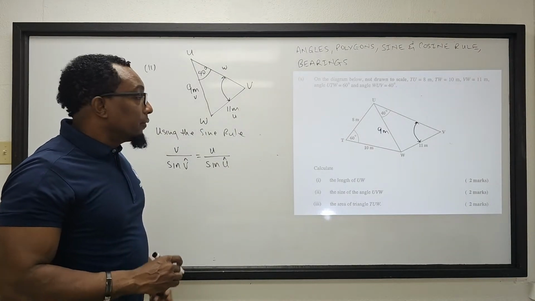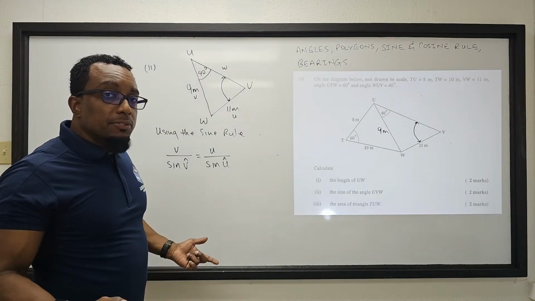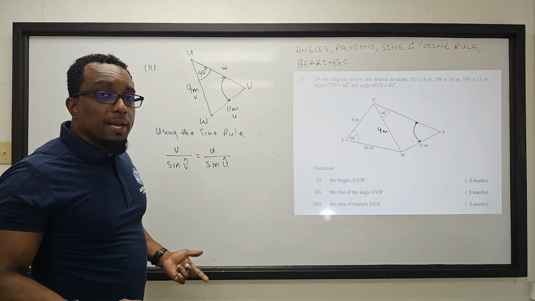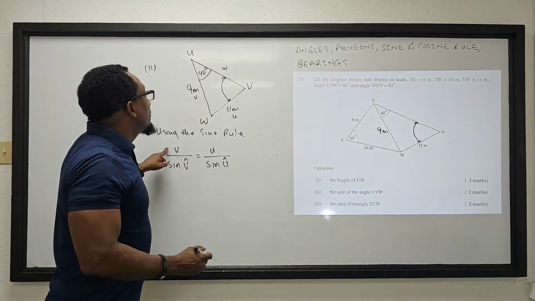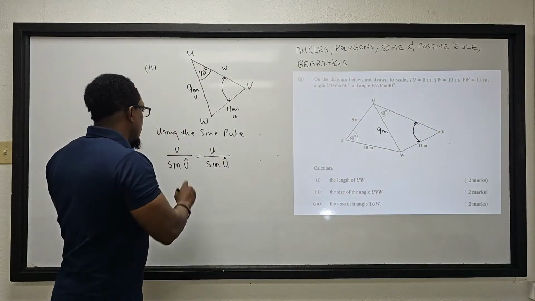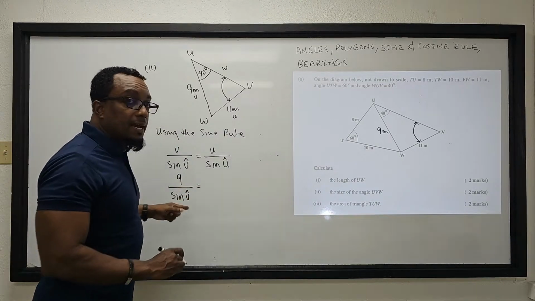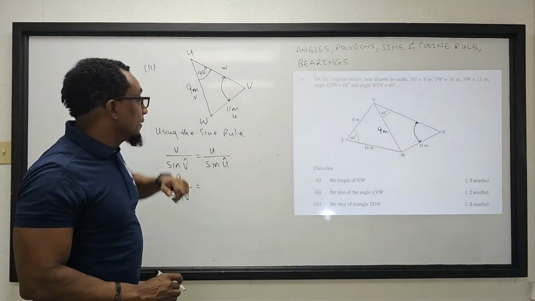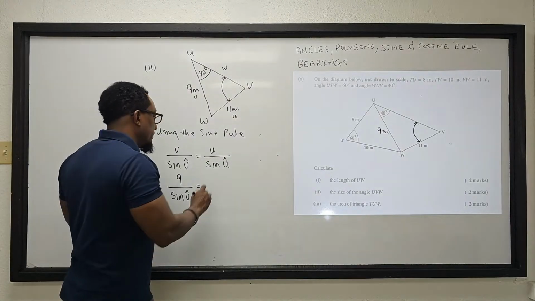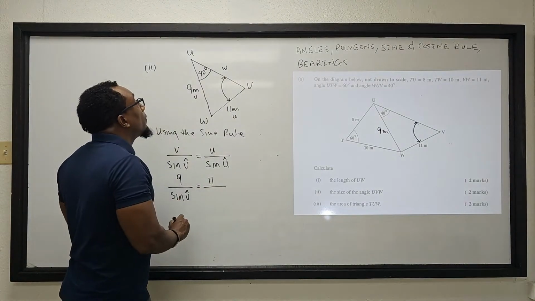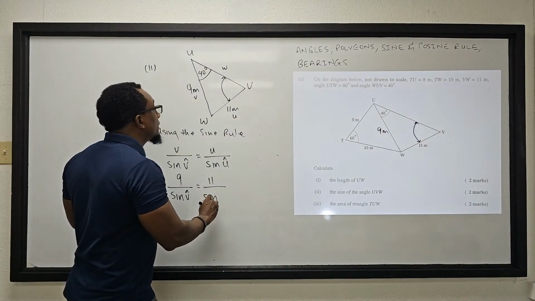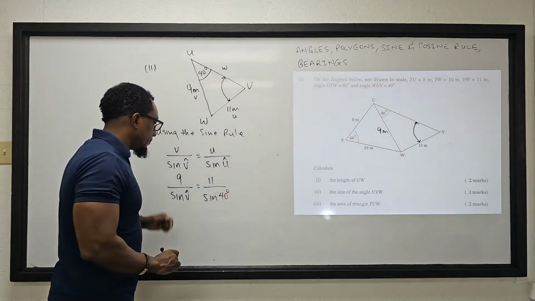So once you create the equation for the sine rule, let's simply substitute and look at what we have to find. So this is lowercase v, which is 9 meters, over sine the angle at V, that's the angle you want to find, is equal to lowercase u, which is 11 meters, over sine the angle at U, which is 40 degrees.